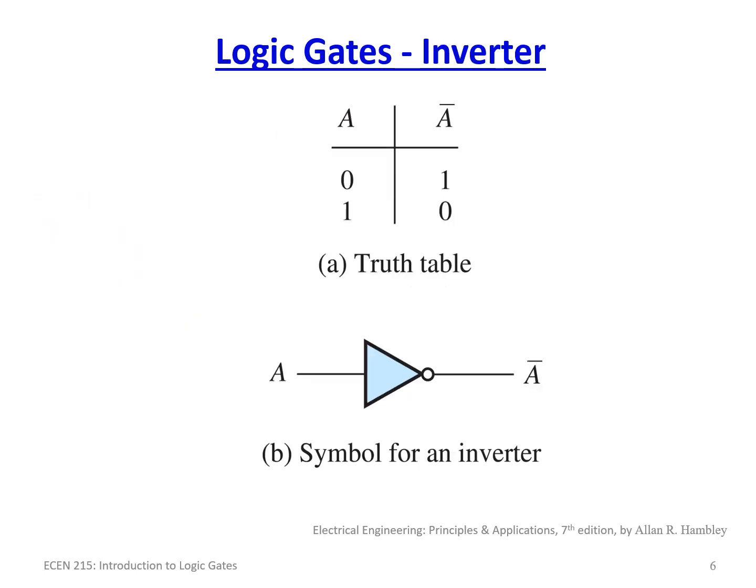An inverter is implementing a NOT, or A prime, or A with a line above it. And its truth table is pretty obvious. It's just the opposite of A. And that's represented by this symbol here. Notice it has this little dot on the front of it. That is representing the inverse. Sometimes you can represent this if you're making complicated circuits.